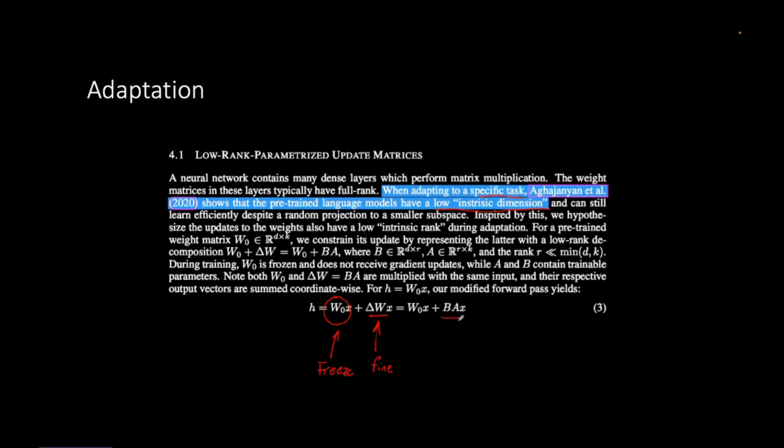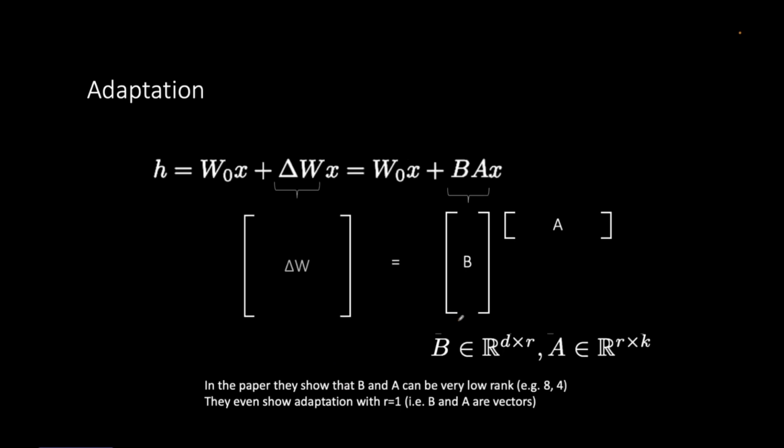What does this mean? If we go a little bit into the equation here, the delta W is this matrix, but instead of being a full rank matrix, instead of having all numbers filled there, you have a very thin matrix which has only a few rows here.